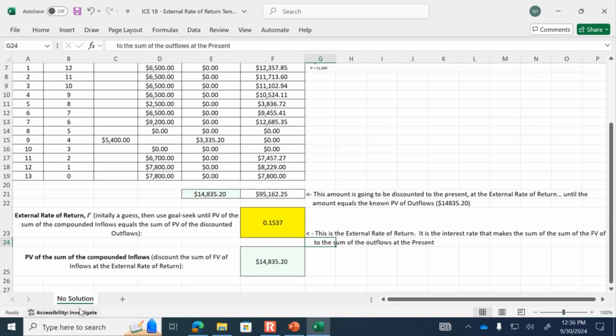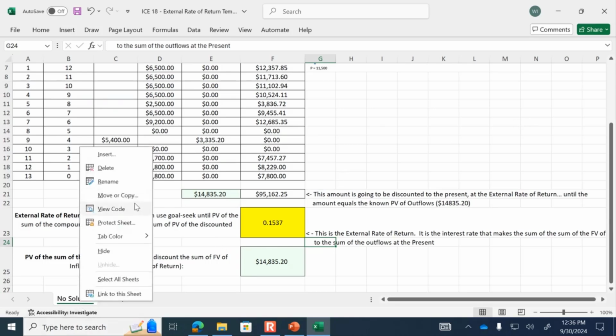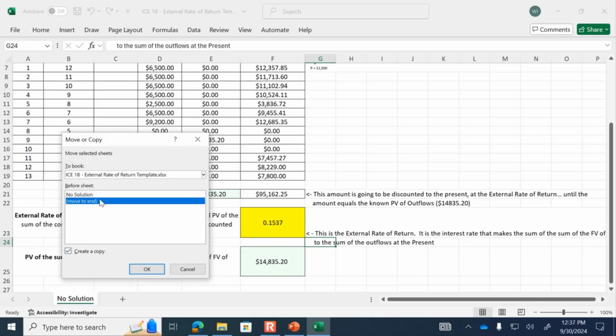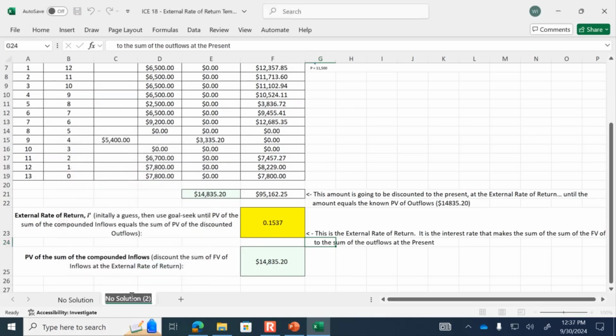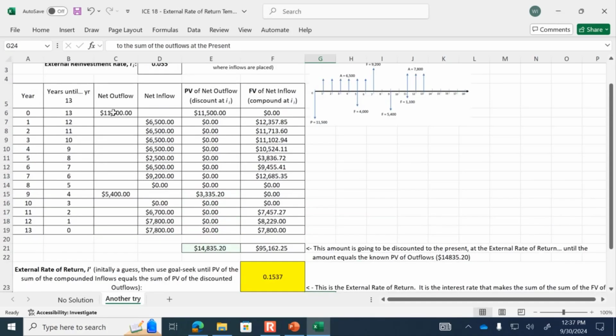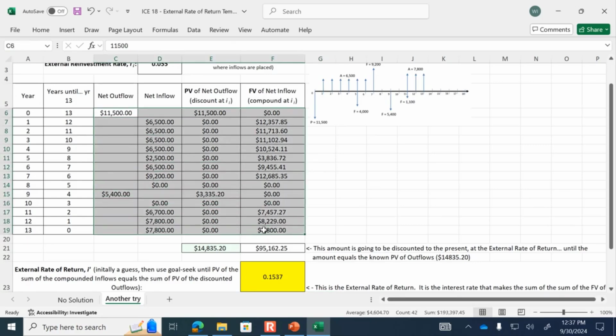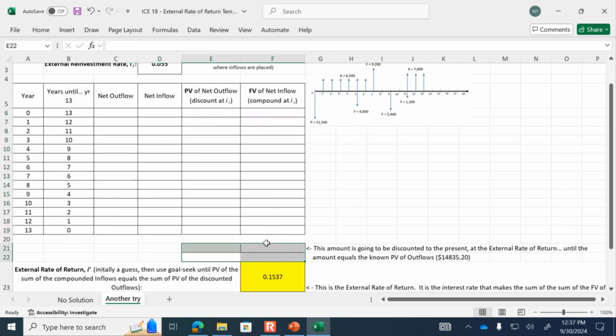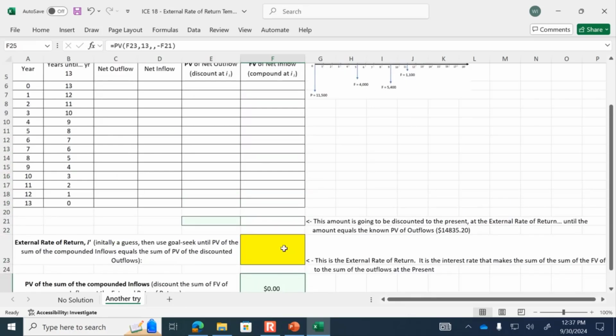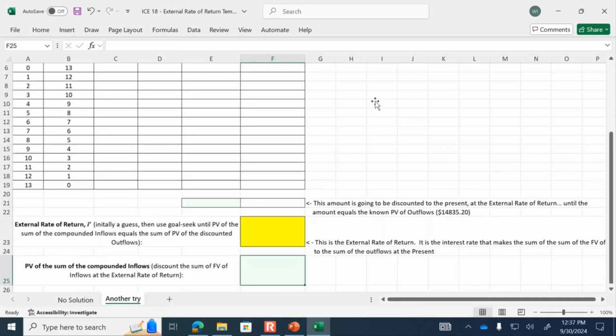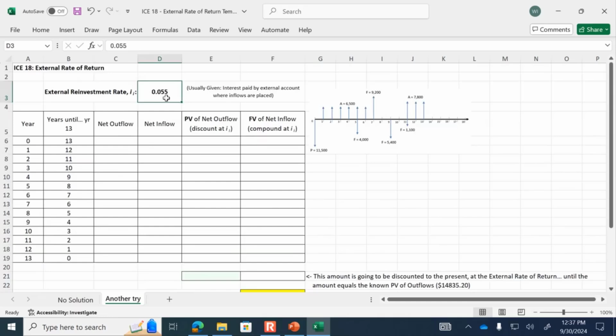So let's make a copy here. I'm going to create a copy, move it to the end here, another try. Okay, so just delete everything that you put in and solve it again with the template, just so you can get those reps in.